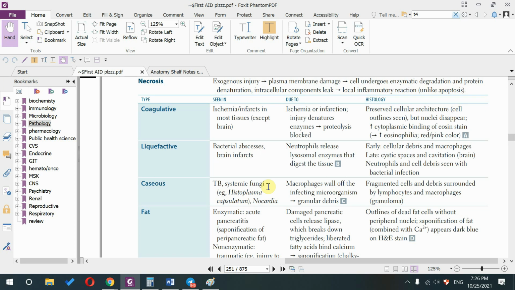And since the brain cannot have any other cells to come and clear out the infection from the inside as well as the other systems, it will become a little bit fluidy. So let's take a look. Bacterial abscesses and brain infection. Brain infarctions. So neutrophils release lysosomal enzymes that digest the tissue.